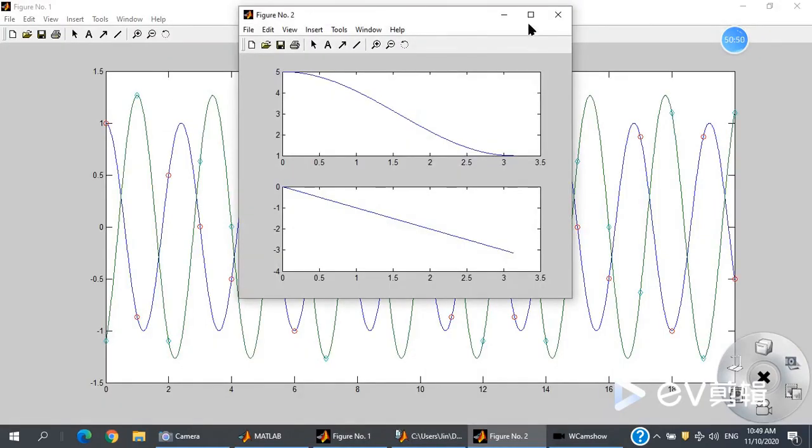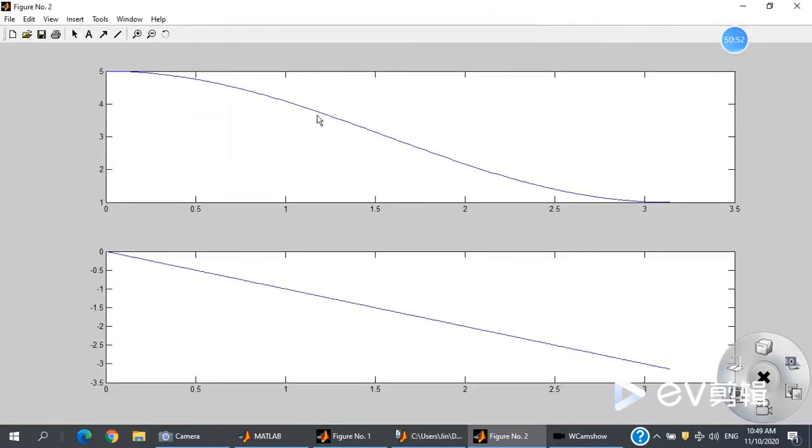Okay, this one is figure 2. Figure 2, I have two graphs. The first one is the magnitude of the frequency response, and the second one is the phase. Now you see the phase angle. You look at it in the graph, it will be a straight line. Alright. Yeah. So this kind of thing we call a linear phase system.